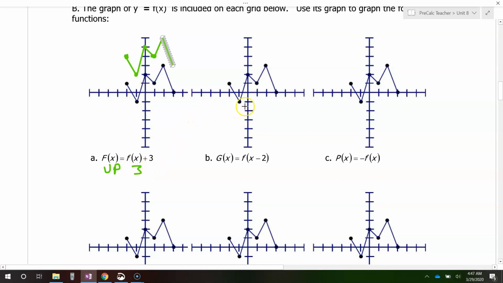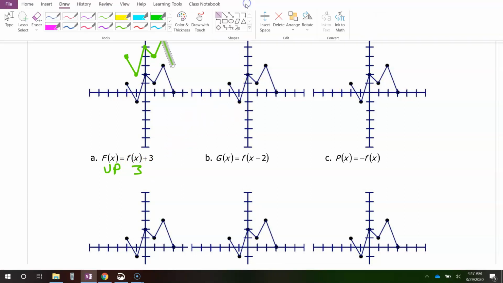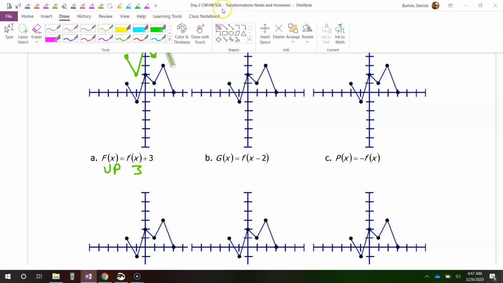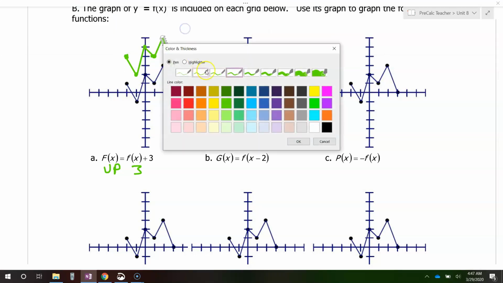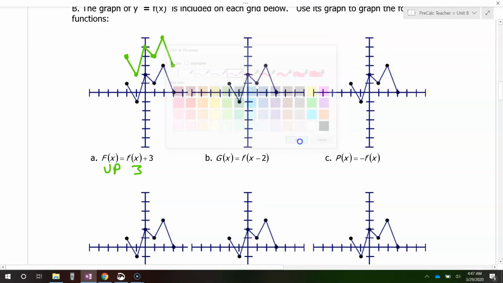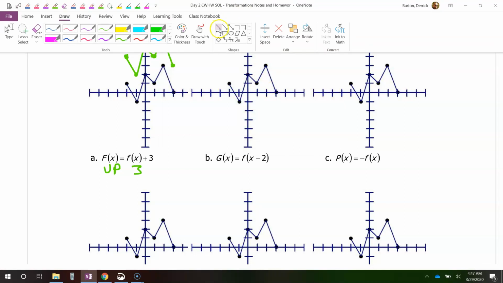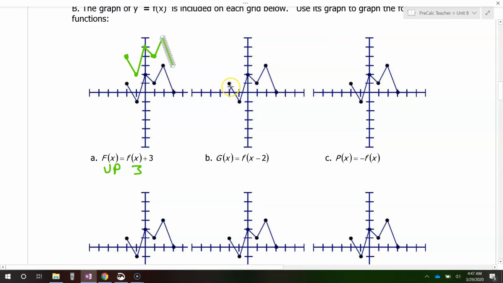And you know what? That just gave me an idea. Let me change colors before I do this idea. I should have thought of it before. We can do an even better job, sort of cheating in a way, if we trace this thing right from the beginning.